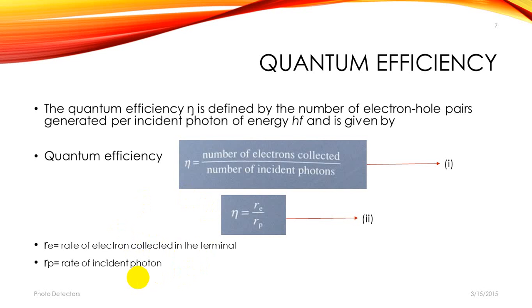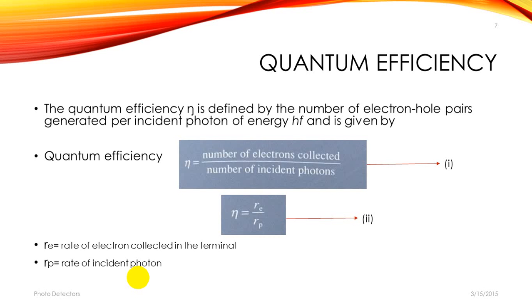One of the major factors which determines the quantum efficiency is the absorption coefficient of the semiconductor material used within the photodetector. The quantum efficiency is generally less than unity, as not all of the incident photons are absorbed to create electron-hole pairs. Furthermore, it is often quoted as a percentage.